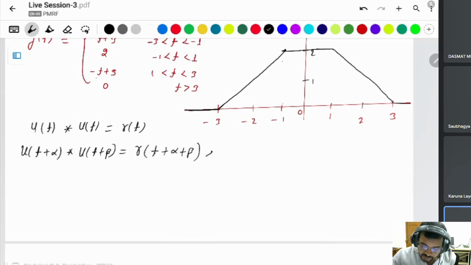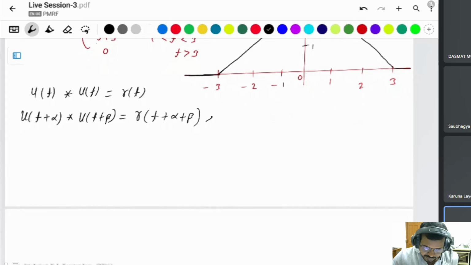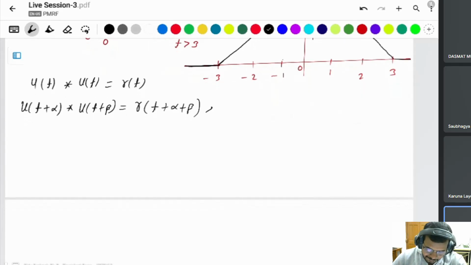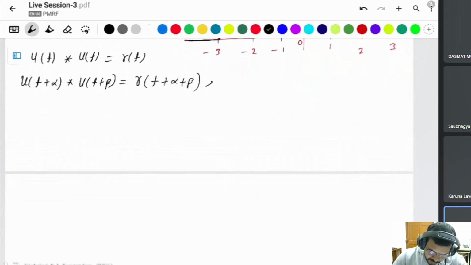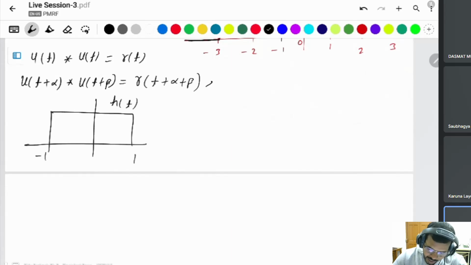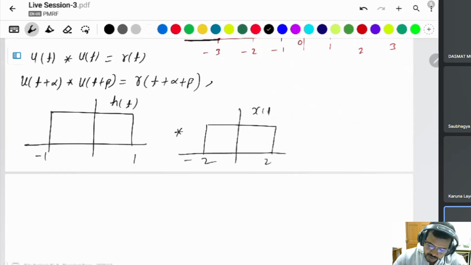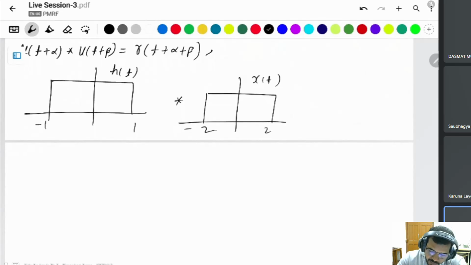Then let's try to solve this one by simple multiplication of the corners. This is minus 1 to 1, this is the st, and the convolution of this one with minus 2 to 2 xt. For this one, first write the equation.